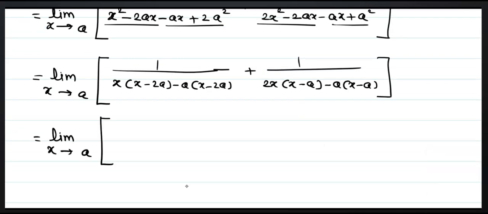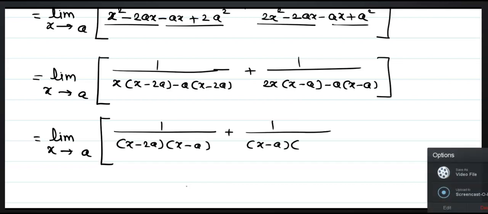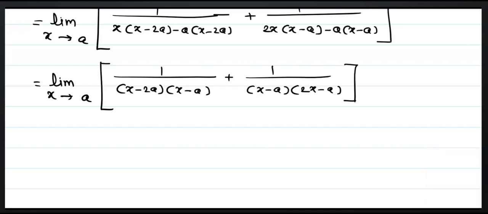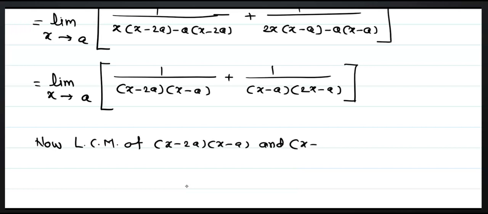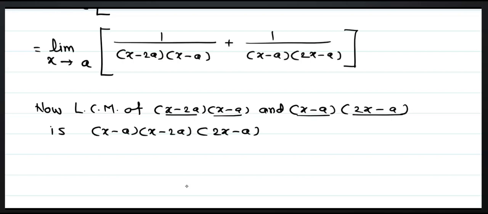Next we have limit x tends to a, 1 upon x minus 2a into x minus a, plus 1 upon x minus a into 2x minus a, and now the limit x tends to a. Now the LCM of x minus 2a, x minus a, 2x minus a is x minus a, x minus 2a, 2x minus a.